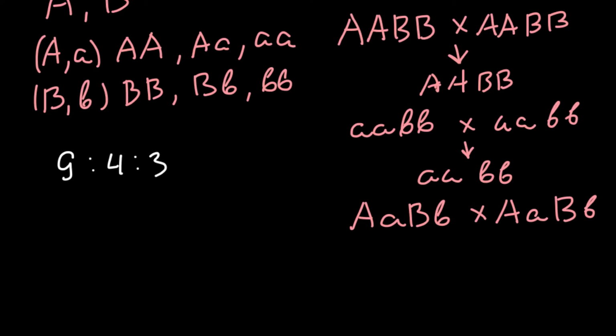And this is possible if we consider that the dominant allele A would produce dark pigment, and the recessive allele a, this is going to be the same gene, but maybe slightly modified.